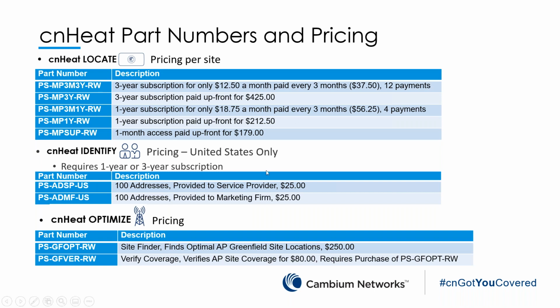The other thing I want to bring up, for the United States only, is that if you buy a cnHeat locate site with a 3-year or 1-year subscription, we can give you the addresses for all the buildings that have coverage based on the height above the roof you want to install. Say you have coverage for a certain tower that you have for locate, and you say, I might want to get 500 addresses and target only those homes with coverage.